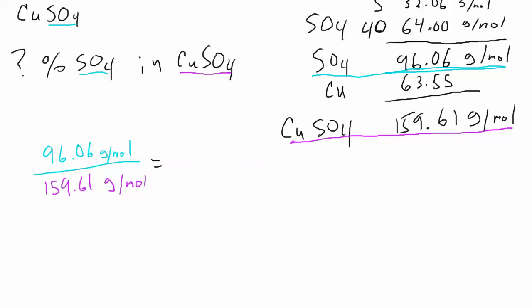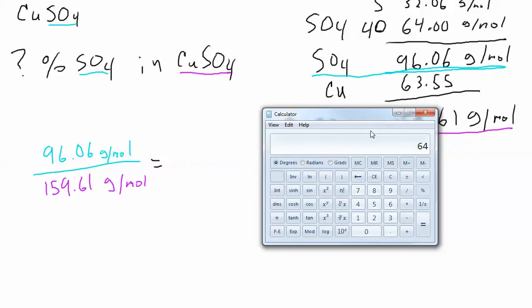Let me bring the calculator back. 96.06 divided by 159.61 equals. And since I have 4 significant figures on the top, there's 5 on the bottom, but I'm going to go with 4 for this answer.